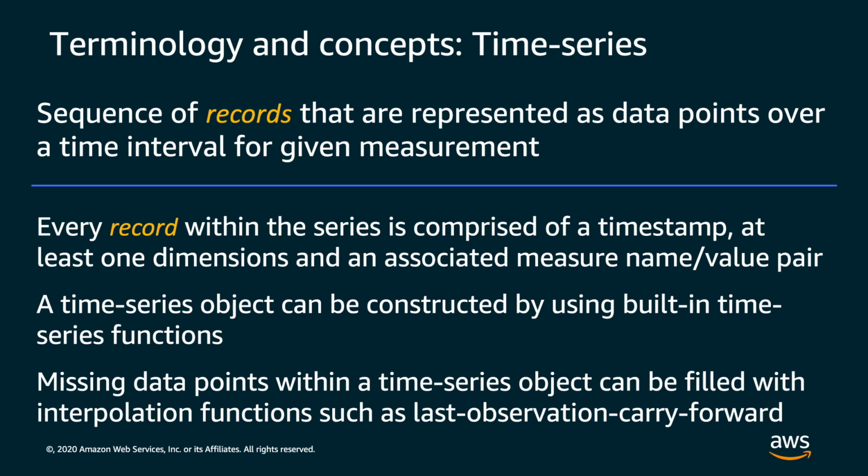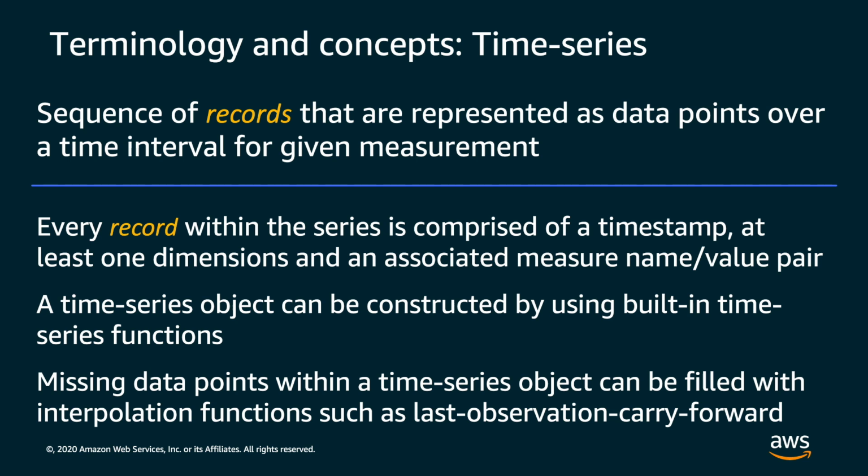So then the next is what time series are. A time series is that unique set of records over the data points, and we were talking about that earlier, what we're actually measuring and how it's varying over time.